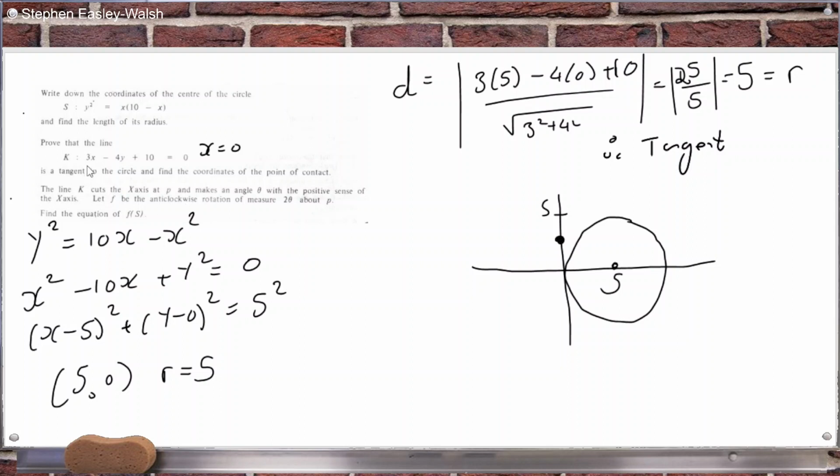So if that's 5, then it's here. And then if I was to make y is 0, then x would be 10 over 3. So let's just mark that in. 10 over 3, 3.33. So that would be about there. I must have a sign mistake.